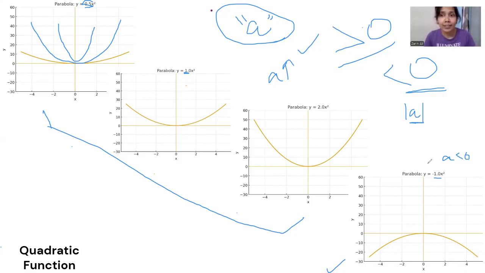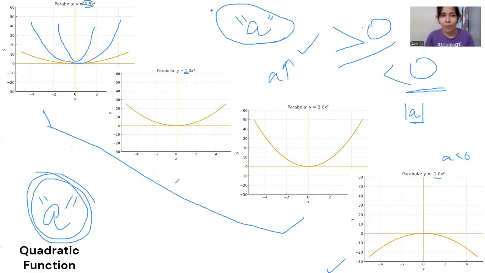Interestingly, in this case, mod A will not make sense as compared to others, because this value is anyway less. Maybe we can compare it with other negative values to see how it changes. But the fun pattern here is to understand how A is making sense. A is controlling the shape.